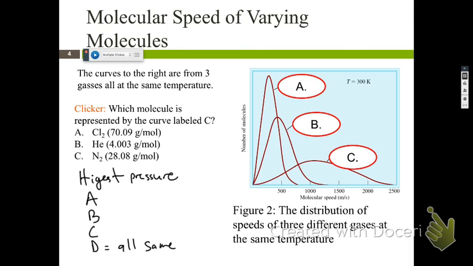So let's talk it through. Can I get someone who says that A is going to have the highest pressure, and why? Moab?